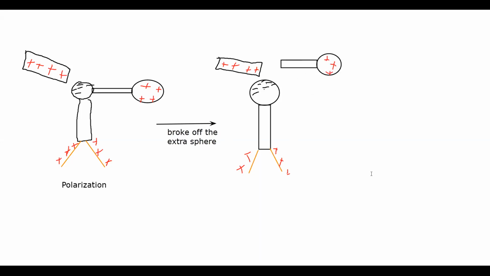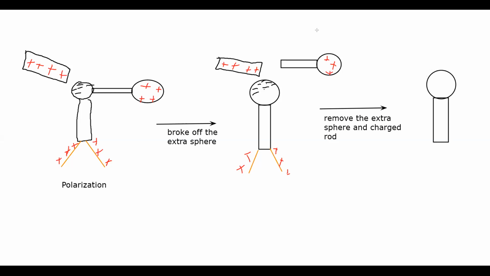And then now I'm going to remove the extra sphere and the charged rod. What happens then? Well, if I take those things away, I'm going to have my electroscope here and my gold leaves.